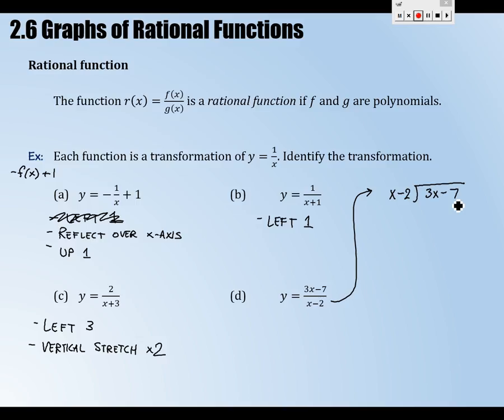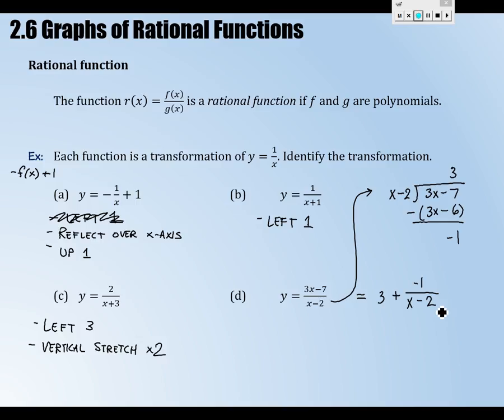So writing in fraction form, what is this thing divided by this thing? The answer is 3 plus remainder divided by divisor, right?